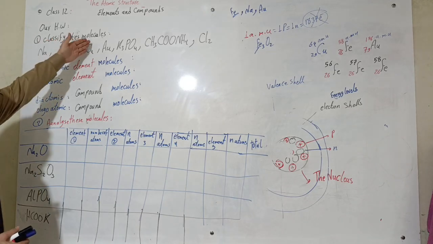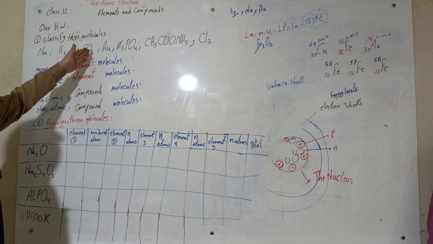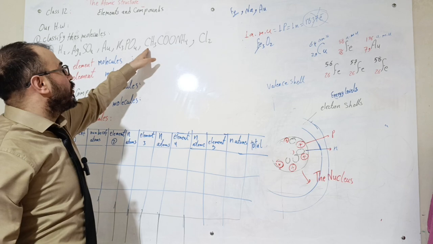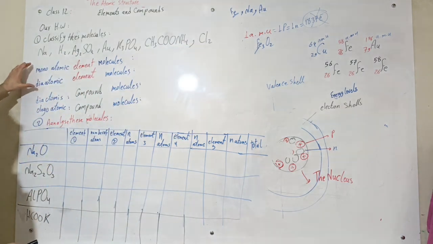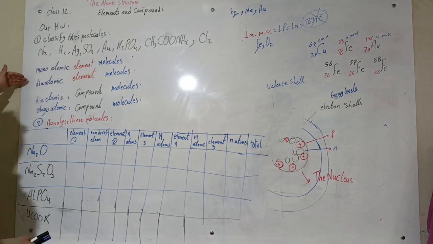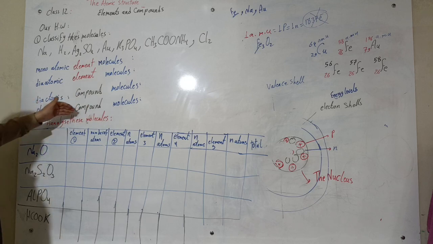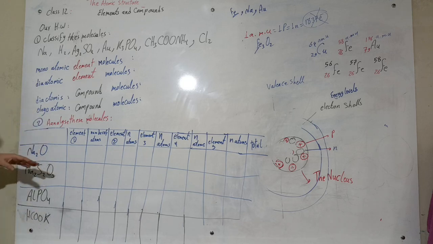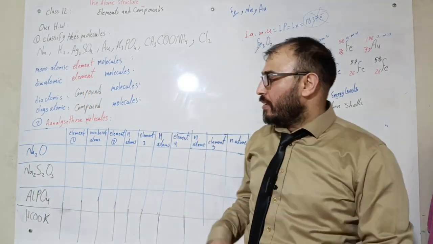Question number 1, classify these molecules: sodium, hydrogen, this one is called silver sulfate, gold, potassium phosphate, and this one is called ammonium acetate, and chlorine, into monoatomic element molecule, diatomic element molecule, diatomic compound molecule, and oligoatomic compound molecules. Then next question, analyze those chemical compounds into atoms as we have analyzed the others before.